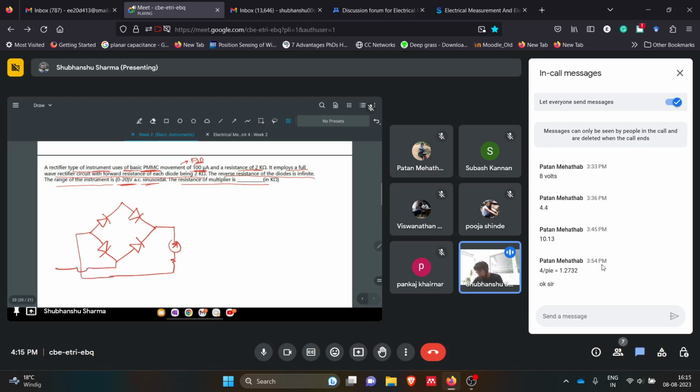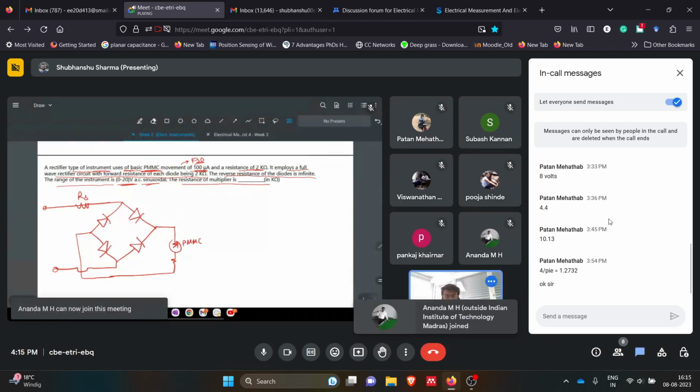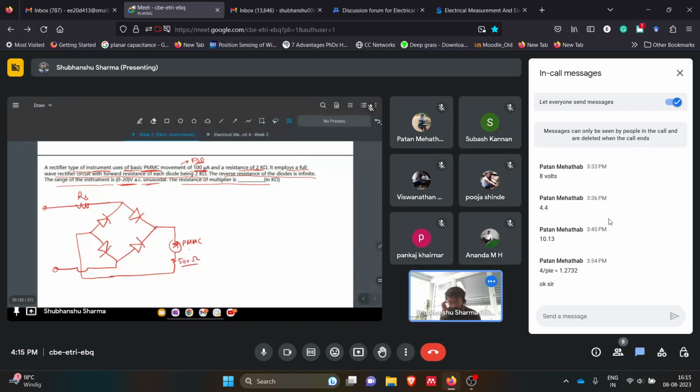This is the output. This we saw in the class lectures, and this was the multiplier resistance. So this is the PMMC meter, and we have this resistance, sorry, not 500, it is 2 kilo ohms.